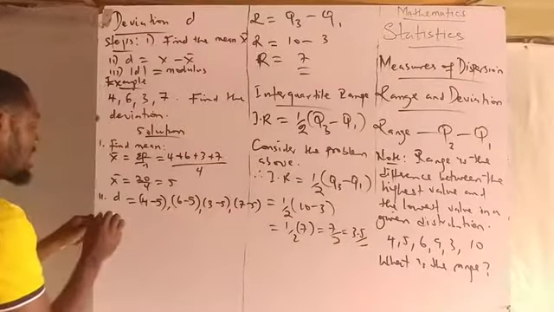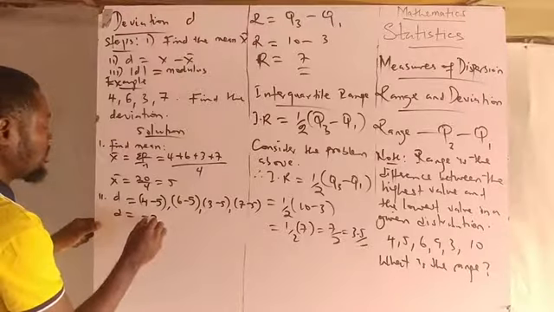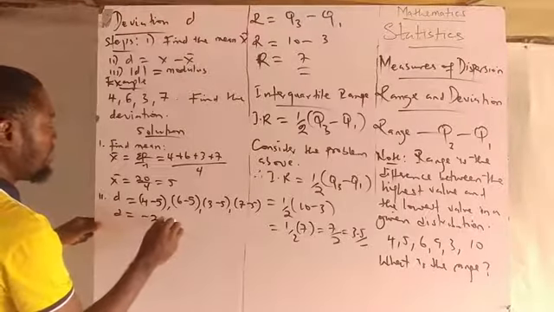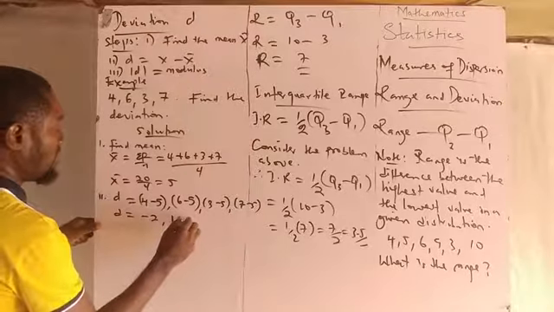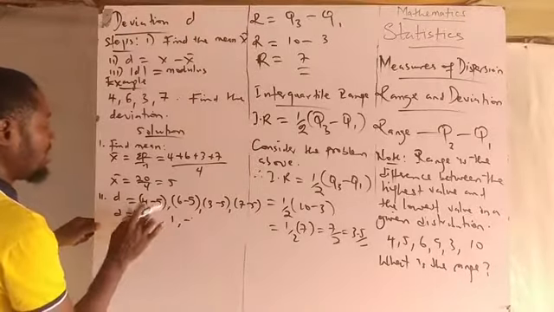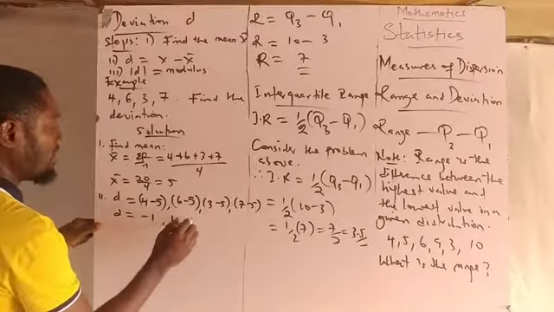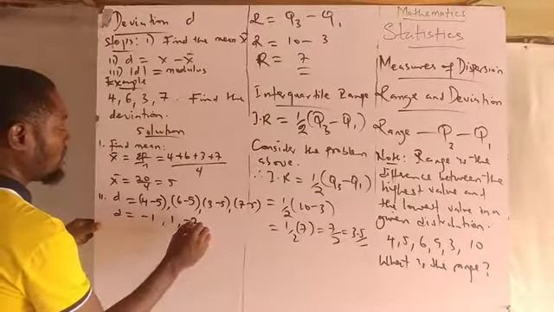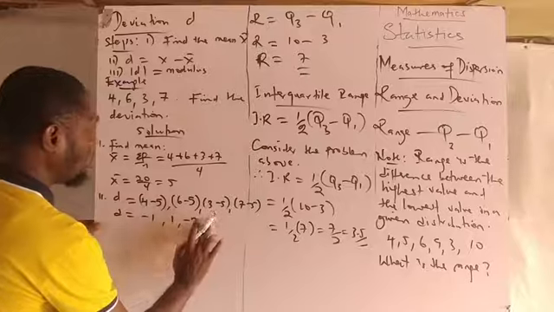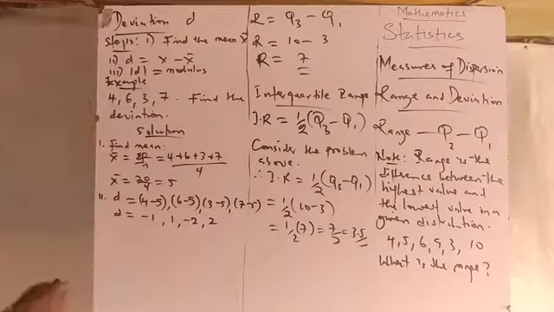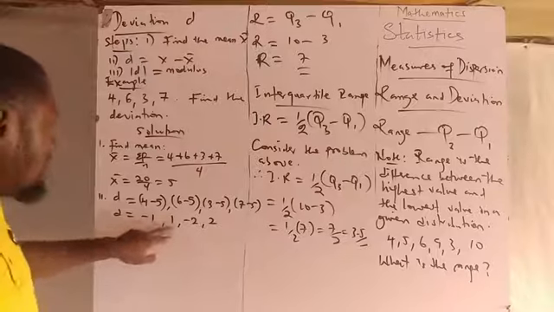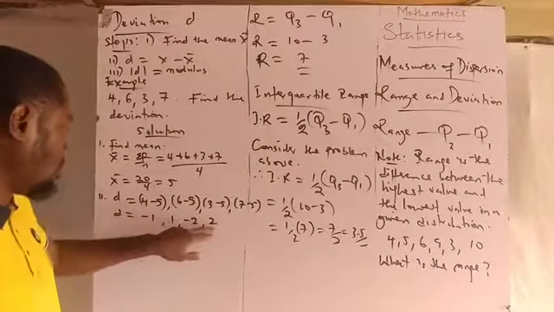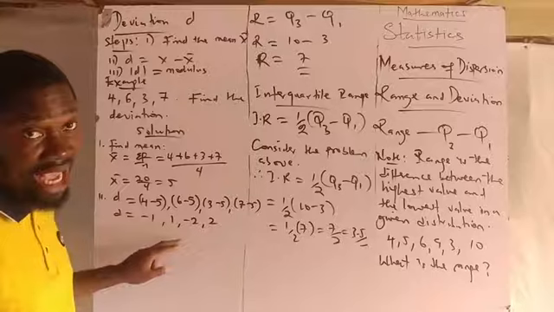So our deviations will be minus 1, 1, minus 2, 2. These are the deviations that we have.